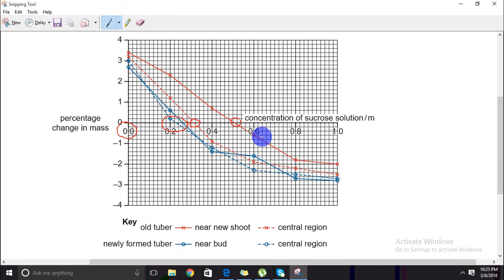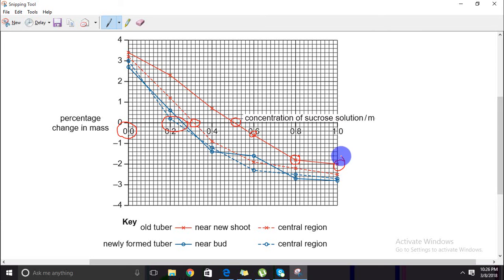But when we continue to place it in higher and higher concentrations, obviously water would begin to leave, and that also makes sense. But if we were to compare this at 0.6, the least amount of water had left for this, and the least amount of water had left here as well, and here it has left.